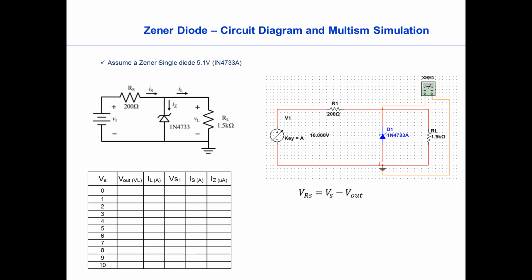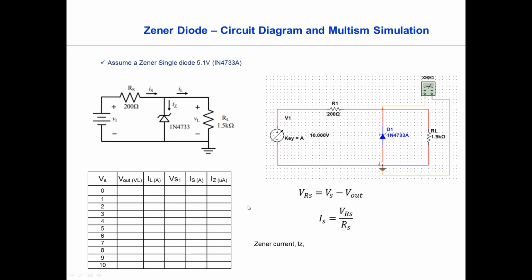To calculate this, we first need the voltage across the source resistance: the source voltage minus the output voltage, the Zener voltage, gives the voltage across RS. Then the source current IS is this voltage divided by the resistance.